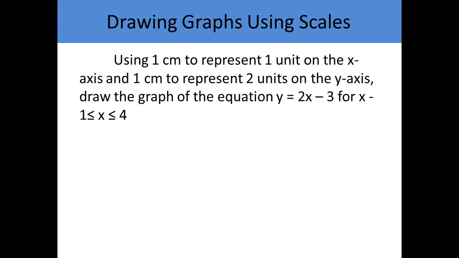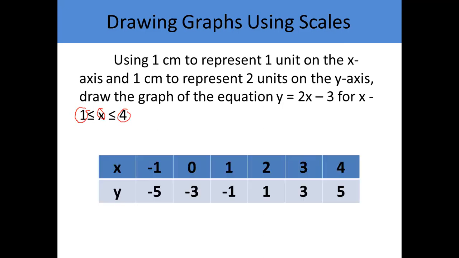That means the lowest value of x is -1 and the highest is 4. So we now get the table of values out of that.